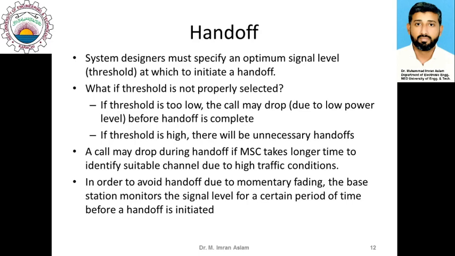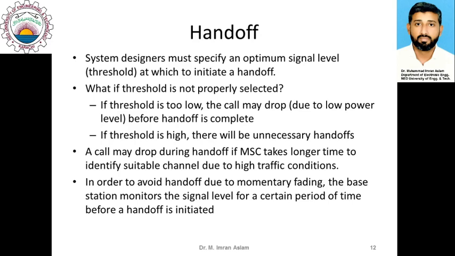If the signal remains at a low level for that period of time, the handoff is initiated. Otherwise, if the signal loss is due to fading, it will recover within a shorter period of time. So basically, whenever the signal strength goes below the optimum threshold level, the handoff is initiated.